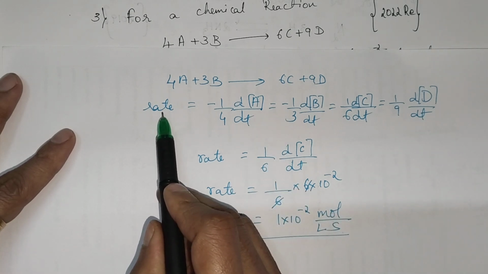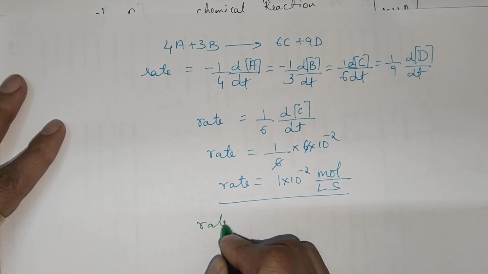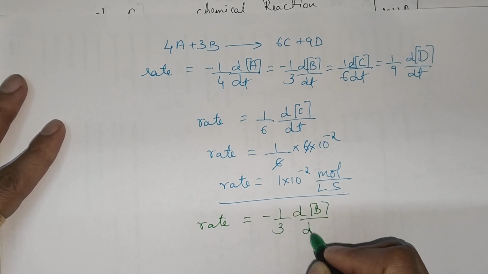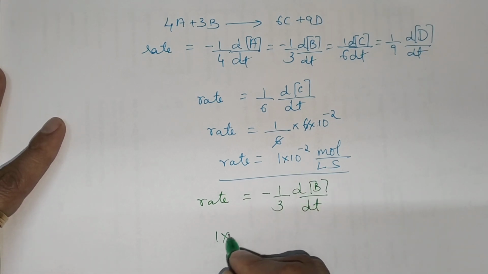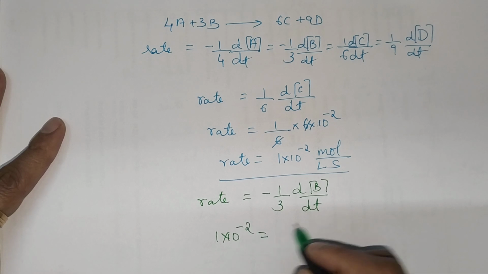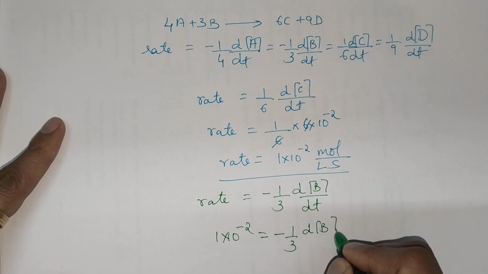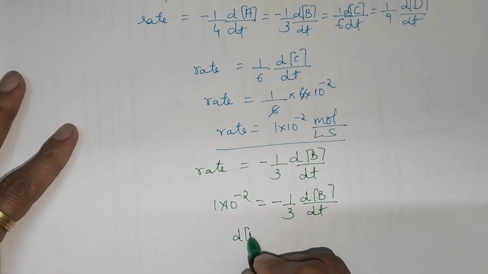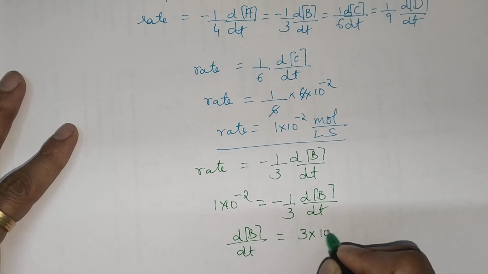In this, let's equate rate with the change in the concentration of B. So if we equate rate is equal to minus 1 by 3 dB by dt, where the rate is 1 into 10 raised to minus 2, which is equal to minus 1 by 3, that is disappearance of B, dB by dt, and we get dB by dt, which is equal to 3 into 10 raised to minus 2.